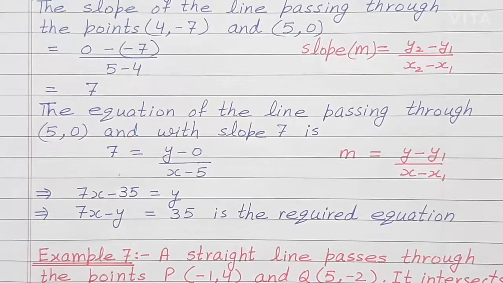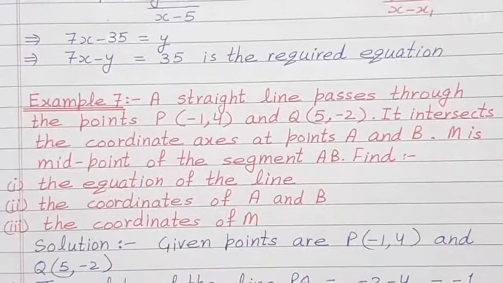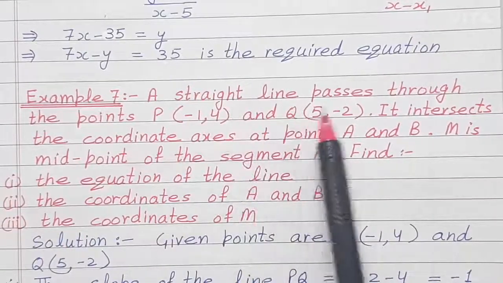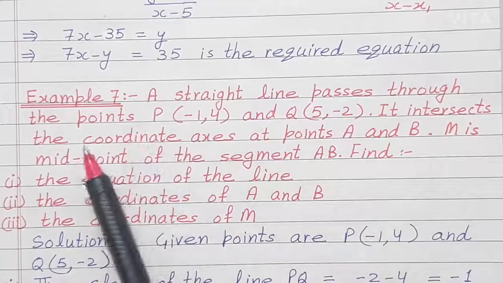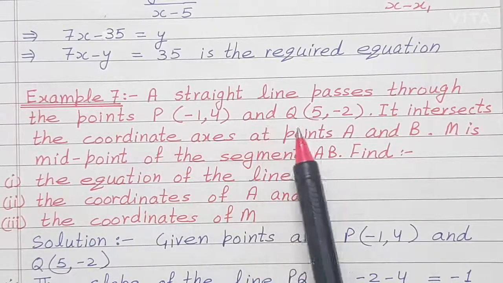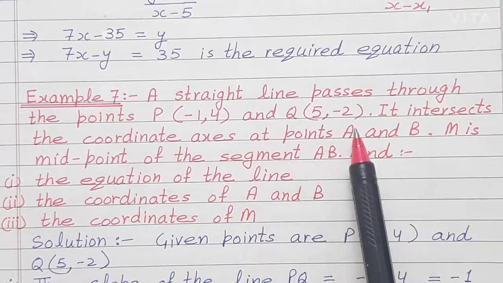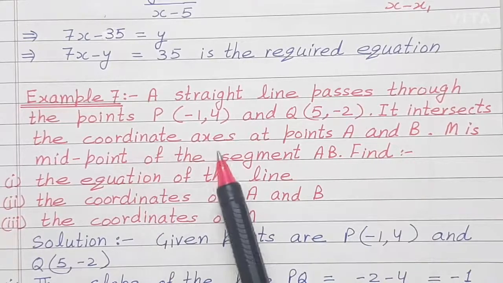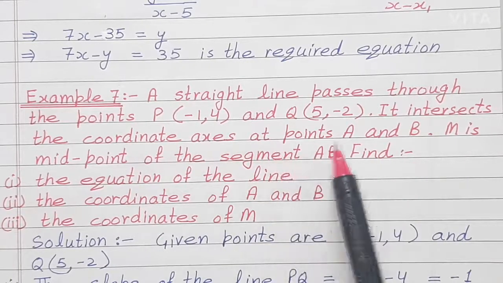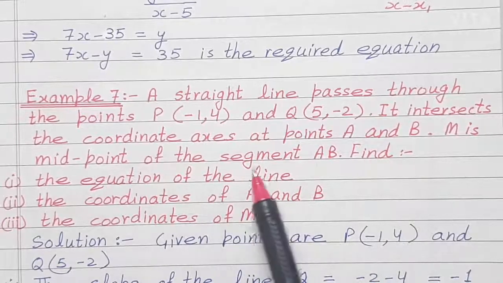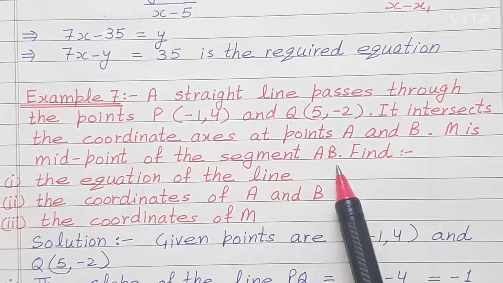Now let us move to the next example. See, example number 7 is, a straight line passes through the points P(-1, 4) and Q(5, -2). It intersects the coordinate axes at points A and B. M is the midpoint of the segment AB.